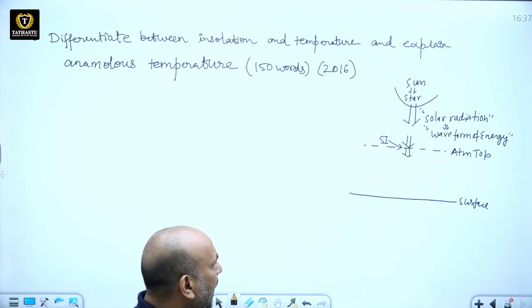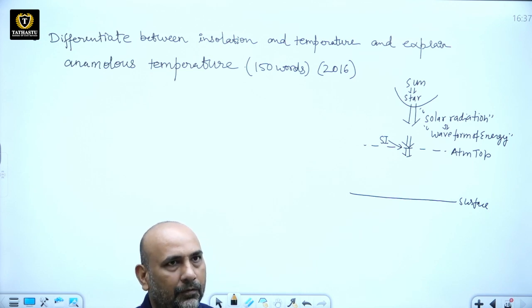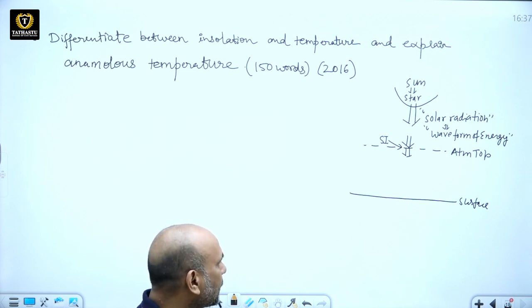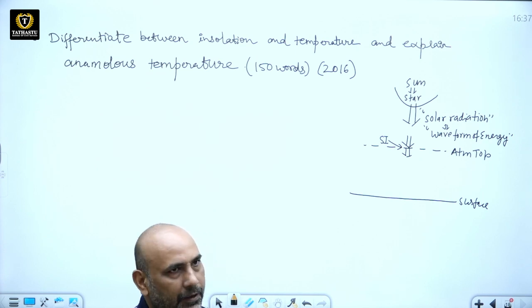Solar radiation striking at the atmospheric top and penetrating through the atmosphere towards the surface of Earth is known as solar insolation. It has shorter wavelength. The atmosphere is largely transparent for incoming shortwave solar insolation, so it is largely not involved in atmospheric heating.